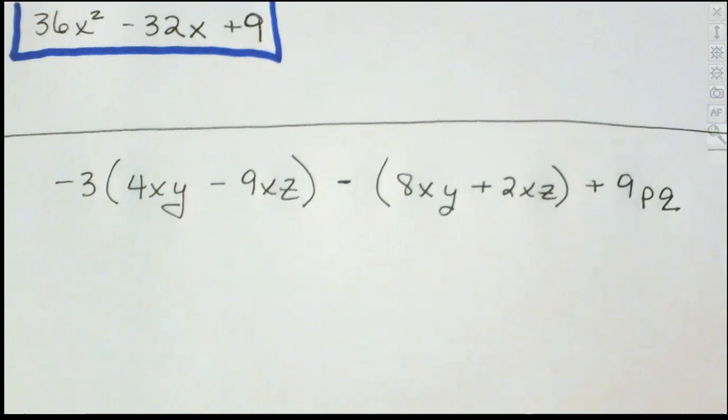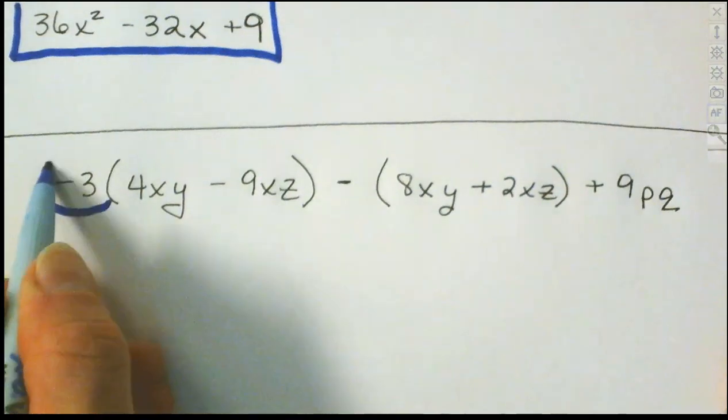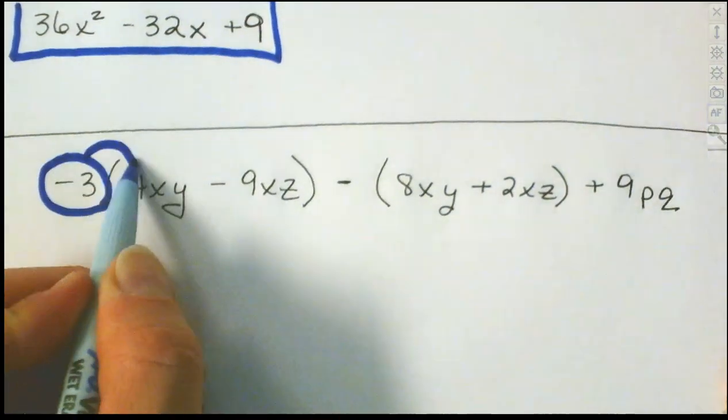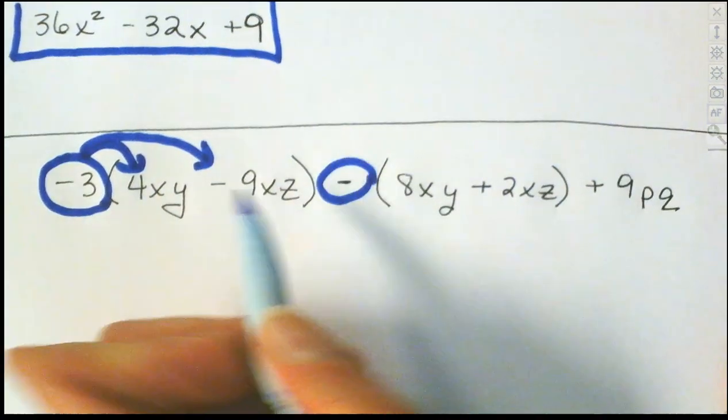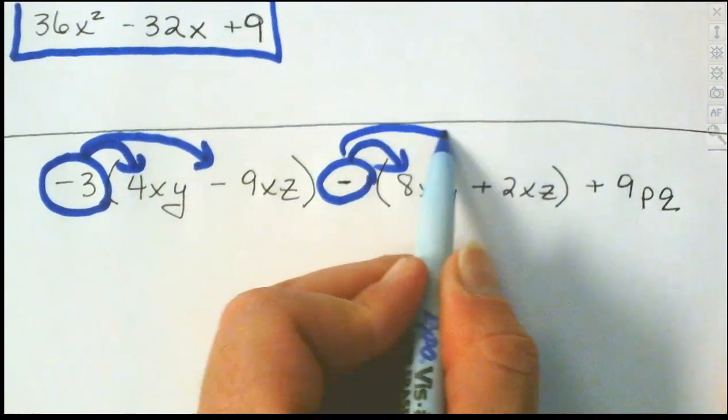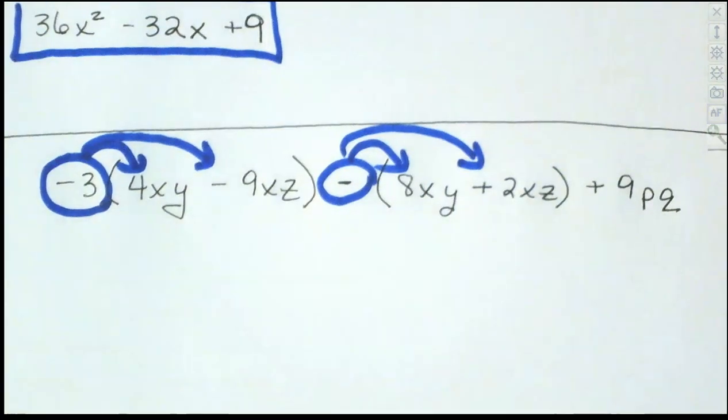First things first, we need to do our parentheses because multiplication goes first. And whenever we have a negative, I always like to circle that negative with it. And remember, we have to distribute through. So that negative gets distributed through here, and this negative gets distributed through over here.